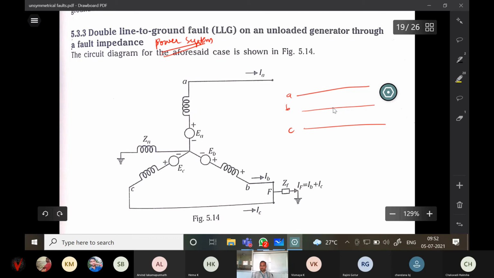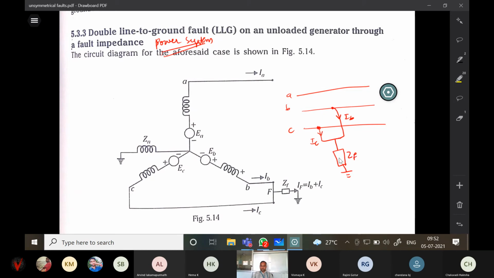The fault occurs between two lines, both of which are shorted. From this, this is ZF with the ground. With the ground, current IB is flowing like this, and current IC is flowing like this. So the total fault current is called IF.